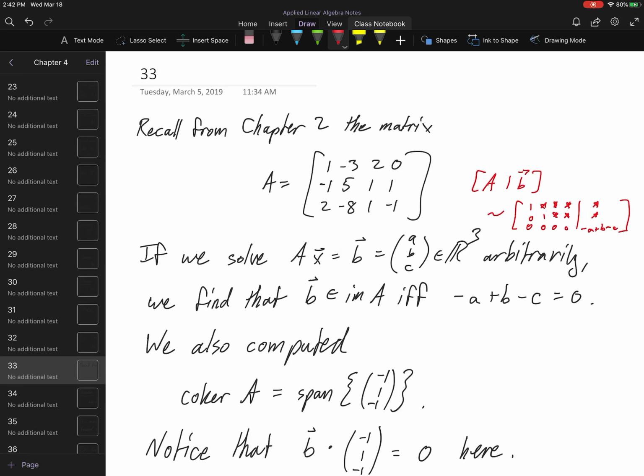And you will find that there is this relation in the last column, the solution side column.